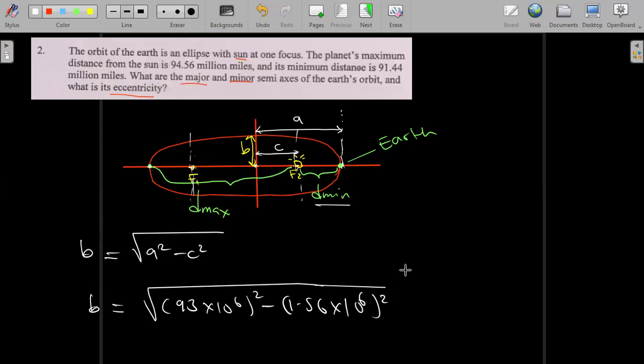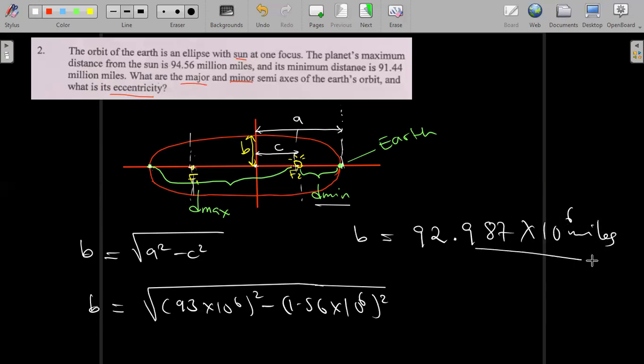Then I can compute this, just press that in your calculator, and you have 92.987 multiplied by 10 to the power 6 meters. So this here is going to be your B, and this B here is what we're calling our minor semi-axis.